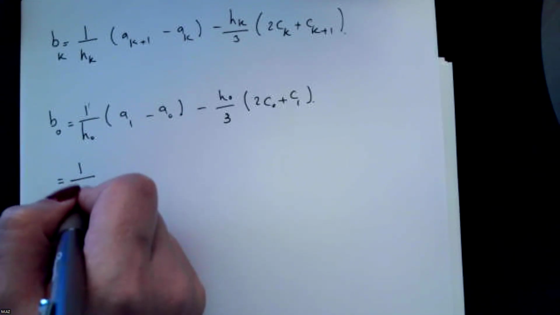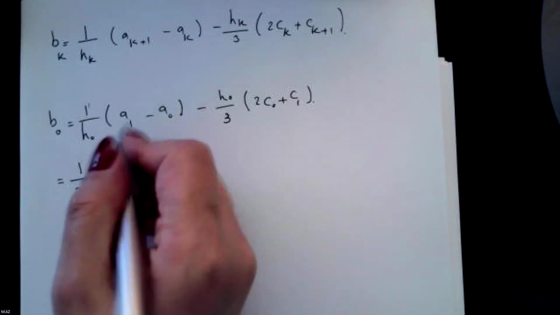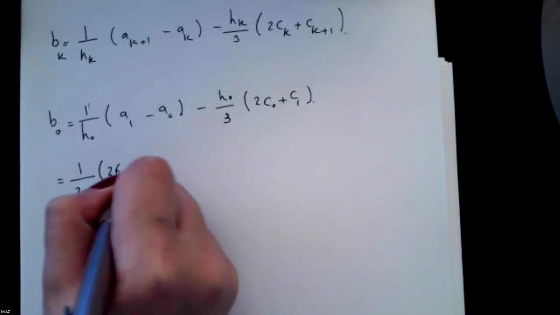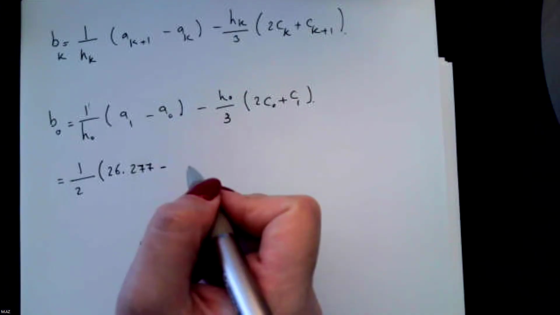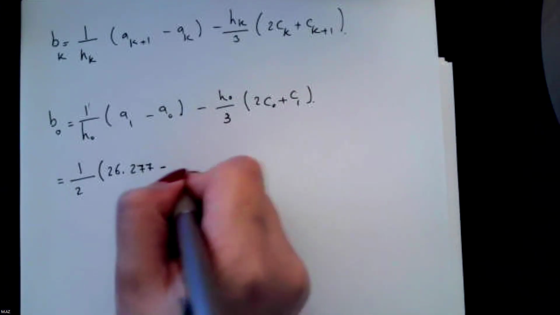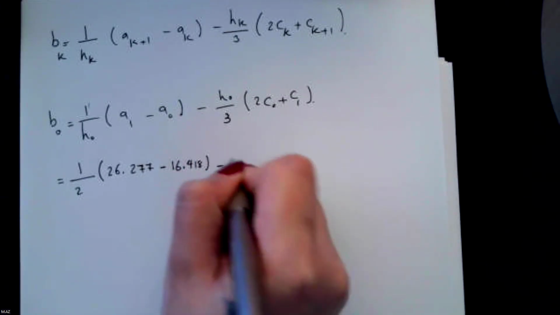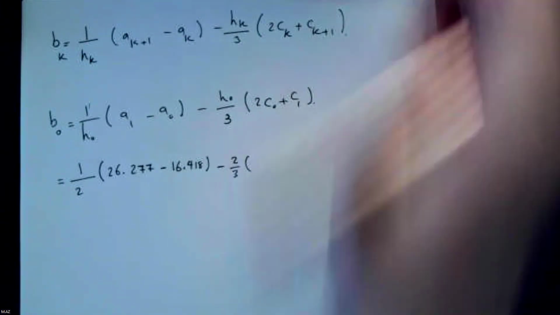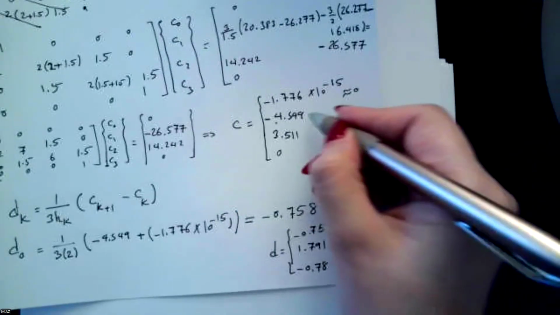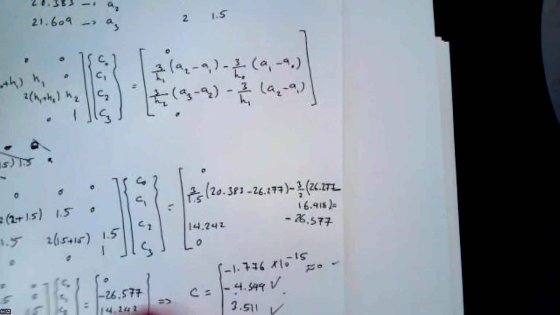Now we plug in these values. The value of the H naught is 2. A1 is represented by Y sub 1, which is 26.277. A naught or Y sub naught, the value is given as 16.418. The C naught and C1 we found previously. Sorry, this is the C naught and C1.